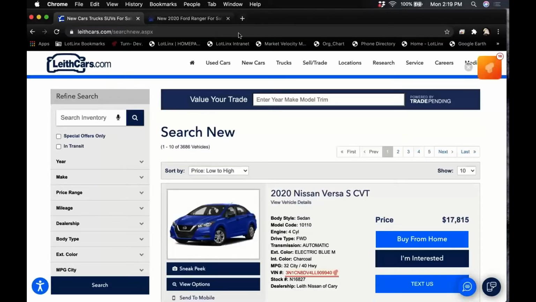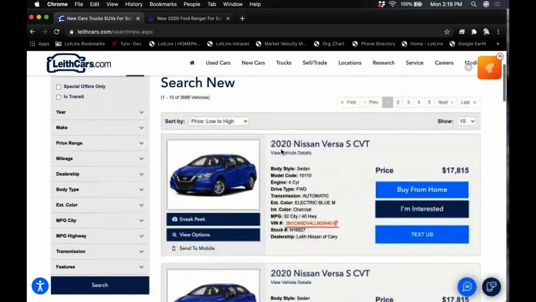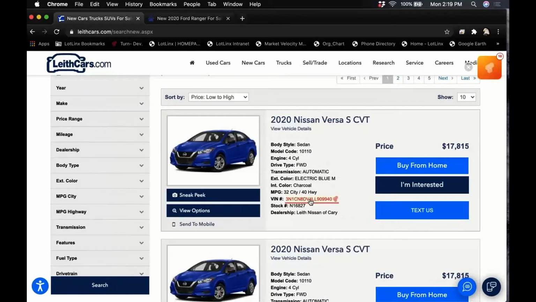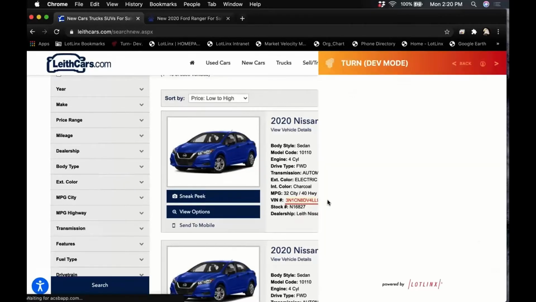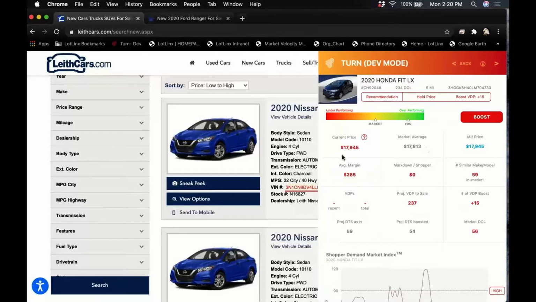It just sits inside your browser, and whenever you surf any page with a VIN number on it, so if you're on Cars.com looking at your competition, or you're on a competitor's website, or you're on your own website, or you're in a tool like vAuto, and whenever a car pops up with a VIN number, that VIN number will light up. You click on that, it shows the dealer a whole bunch of additional information.